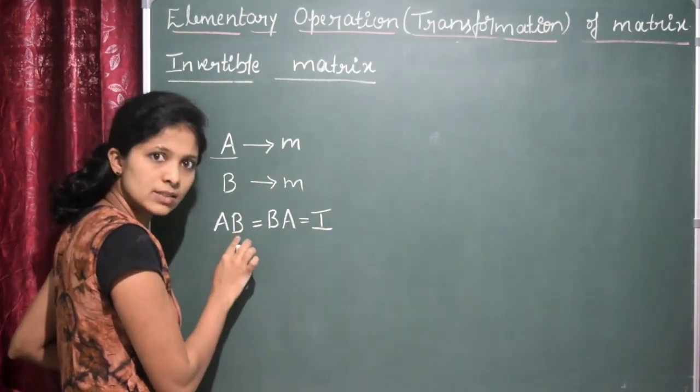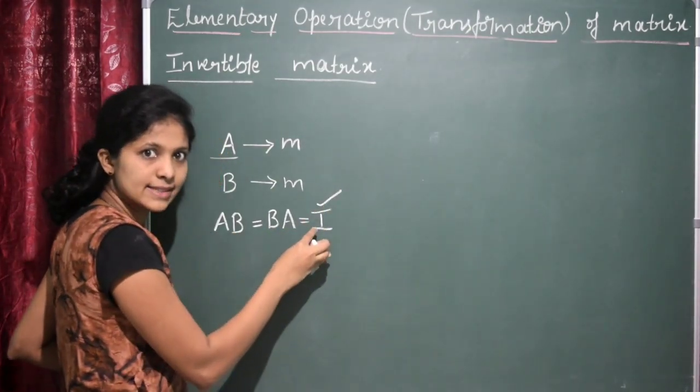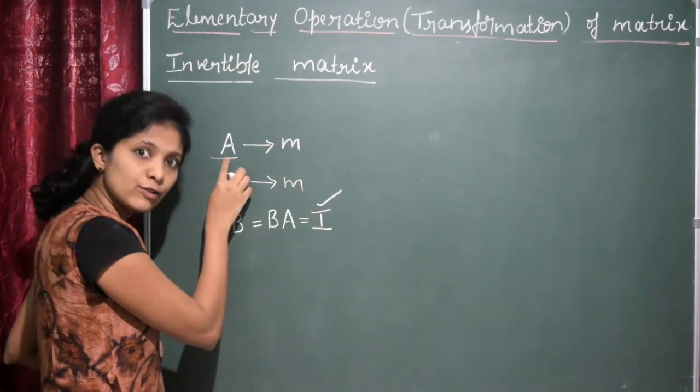But if AB is equal to BA and the product of those matrices is equal to the identity matrix, then we can say that A is invertible.